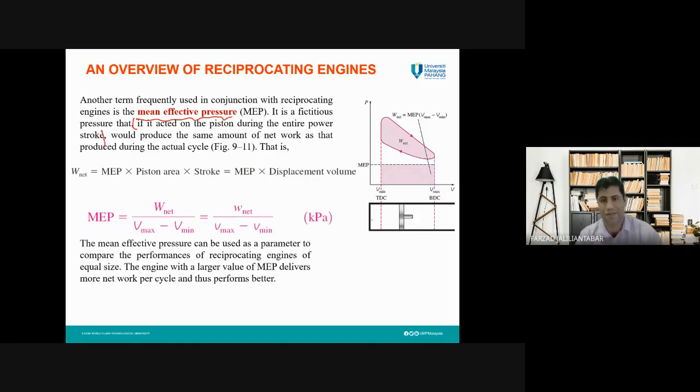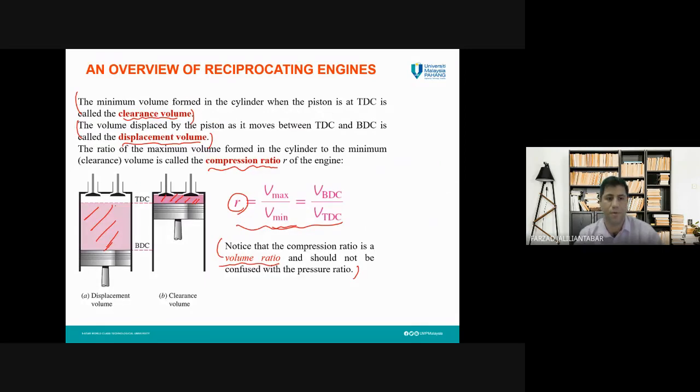Here in the example you have seen that the piston is moving downward during the four different strokes. One of them is the power stroke, when the spark is ignited and the fuel is burning, energy is released, and it pushes down the piston.